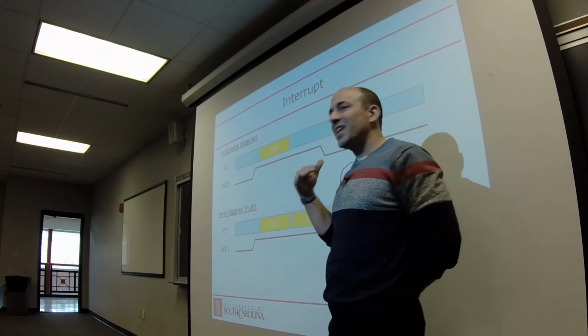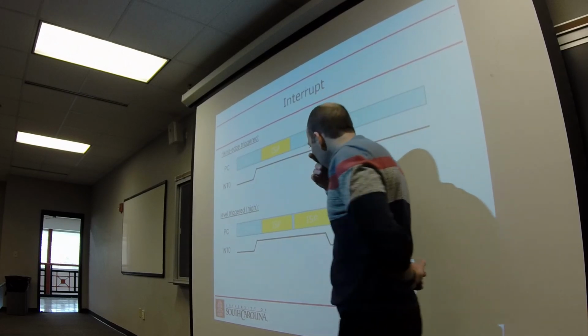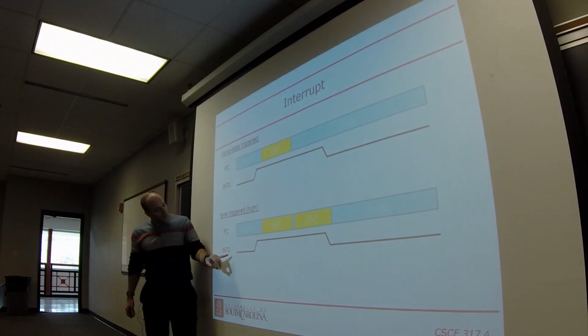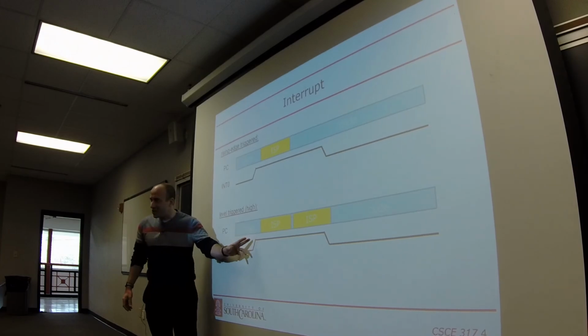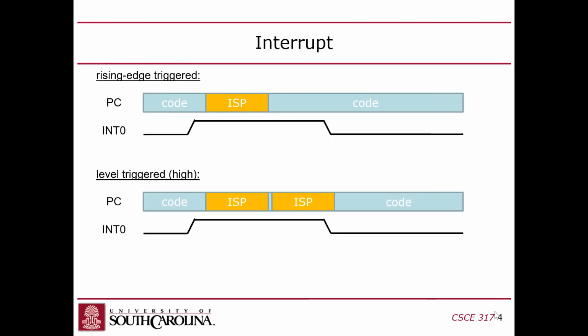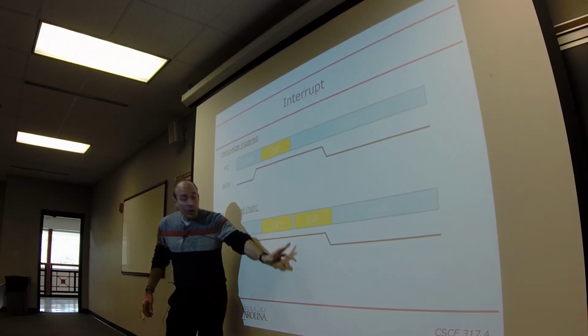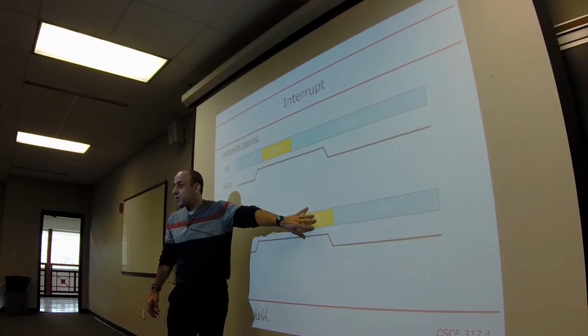It can also be level sensitive, but you have to be careful there. If you make it level sensitive, then the rising edge will still make the processor go into the interrupt service routine, but if the interrupt service routine finishes before the interrupt pin drops, then it will return to the code and then automatically go back into the interrupt service routine again.